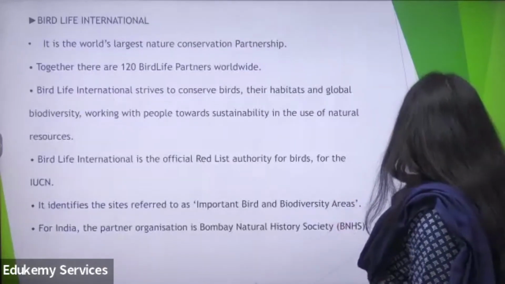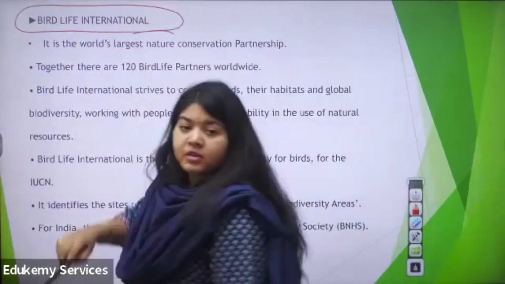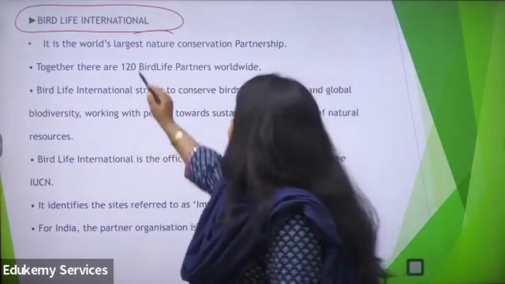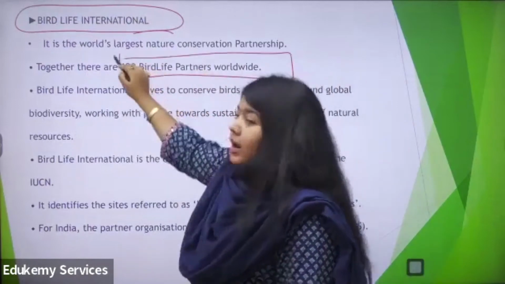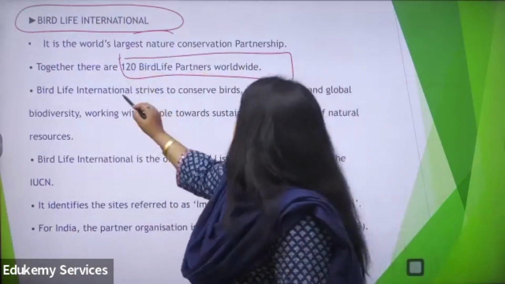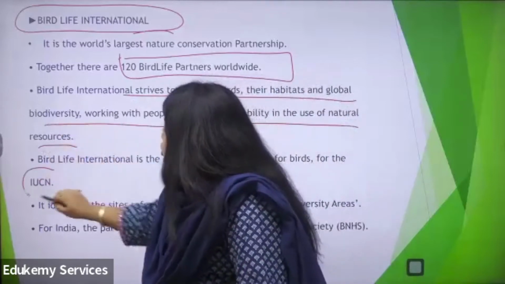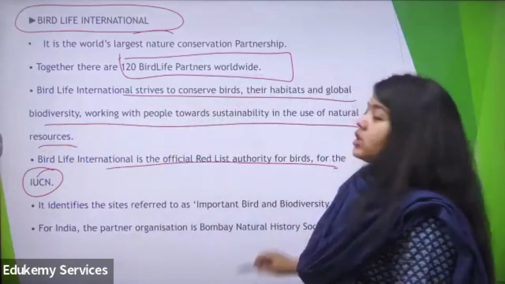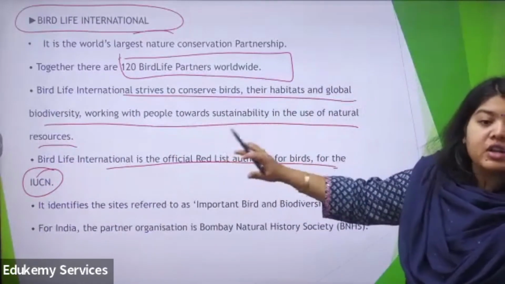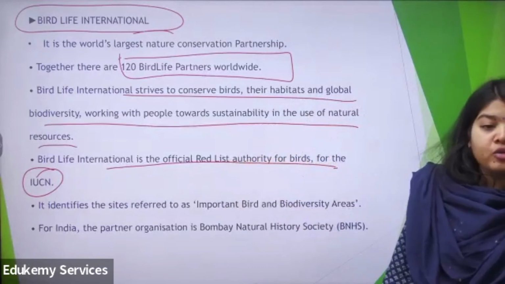Next is Birdlife International. Again, it has been asked in your previous year papers whenever Ramsar was in news. Now here you have 120 Birdlife partners. Second, it strives for conservation and is also the official Red List authority for birds in IUCN.